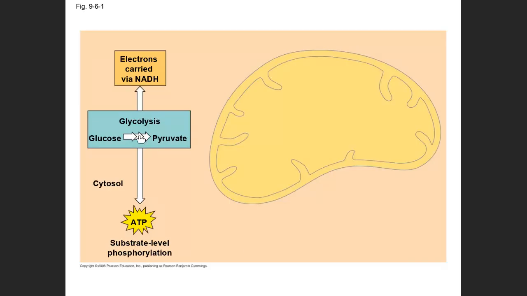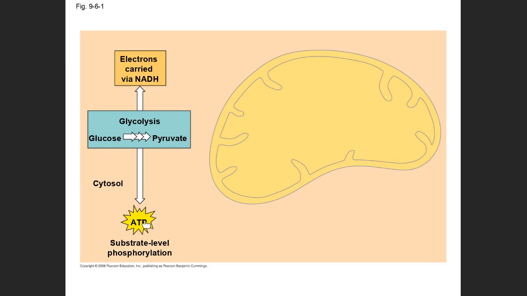So glycolysis occurs in the cytoplasm of all cells. As we're going to see, our glucose molecule is going to be split into pyruvate, also known as pyruvic acid, which each contain 3 carbons, so there's 2 of them. So we're simply splitting our 6-carbon glucose into 2 3-carbon pyruvic acids, or pyruvates.